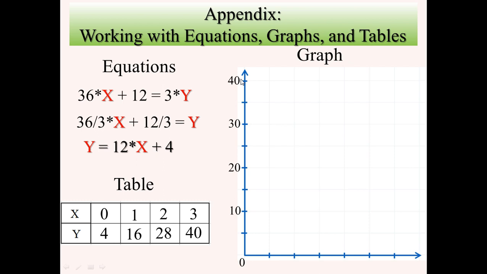For example, 40 divided by 2 one time, I got 20. Divided by 2 the second time, I got 10. Divided by 2 the third time, I got 5.